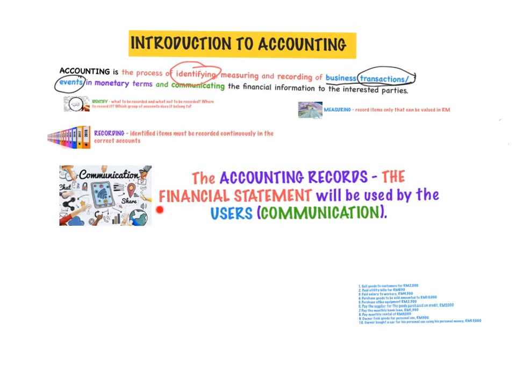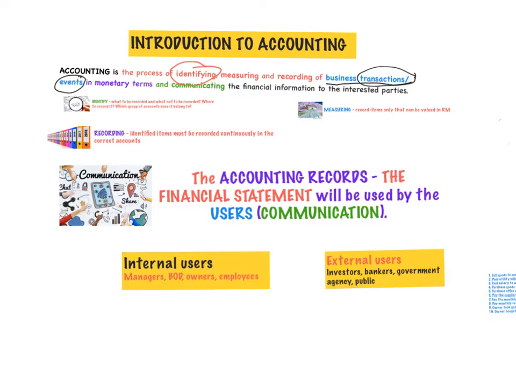The financial statement here will be used by the users. So this is what we mean by communicating. Communicating means the users of the financial statement will use it for different purposes. This is where we look at the categories of users. We have the internal users and also the external users.